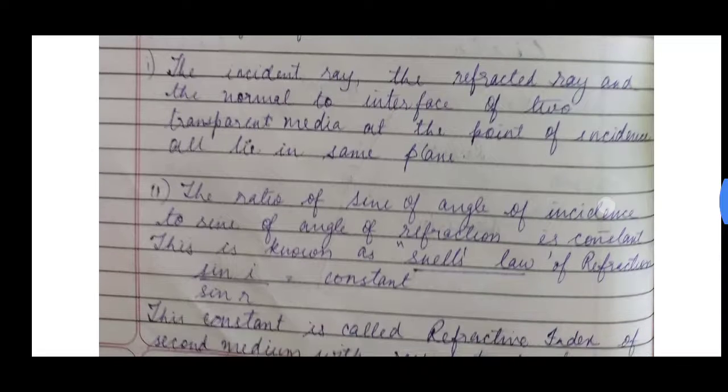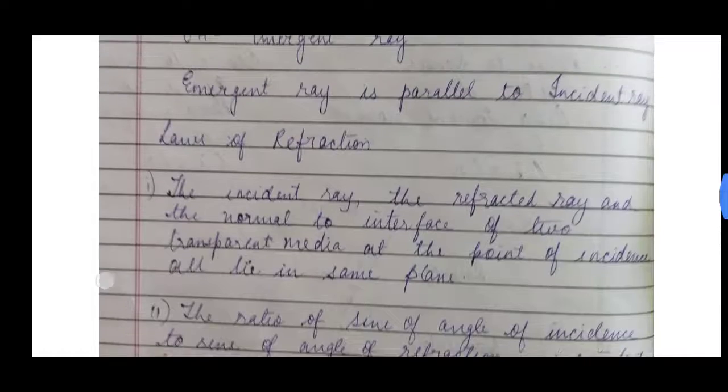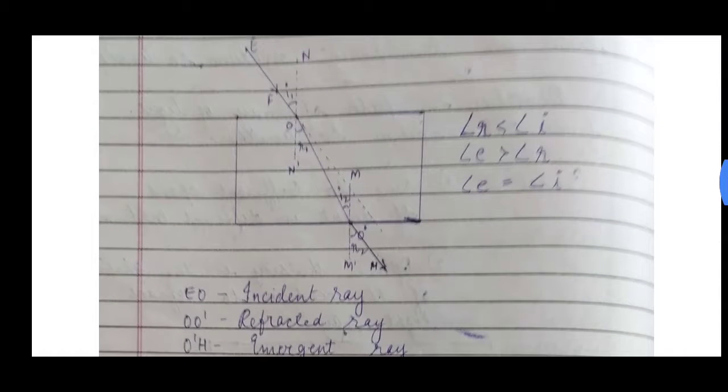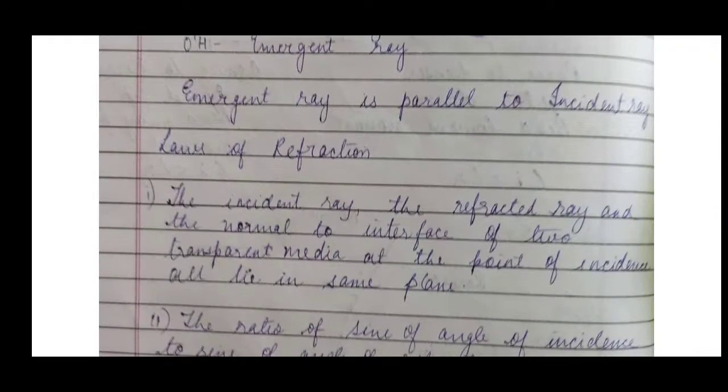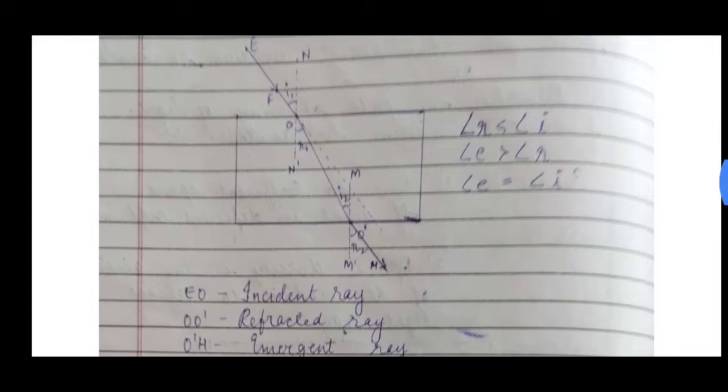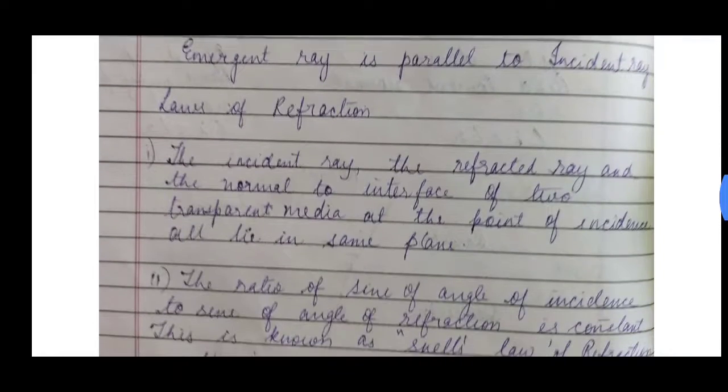The incident ray, the refracted ray, and the normal to the interface of two transparent media at the point of incidence all lie in the same plane. Here O is the point of incidence.